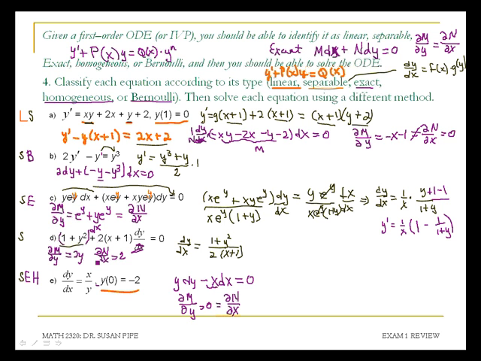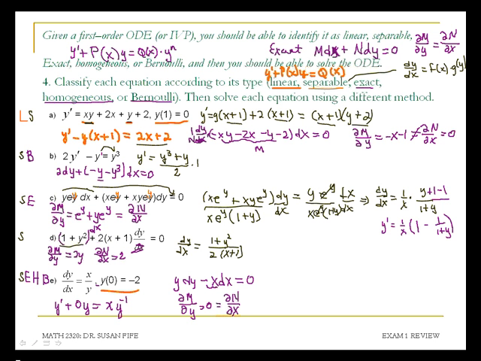I could maybe stretch this to say that it is Bernoulli, in that I could write this as y prime plus 0 times y equals x times y to the negative first. So there I have my y term. It's just that my function of x is 0. So if you write it this way, you could consider it to be Bernoulli.